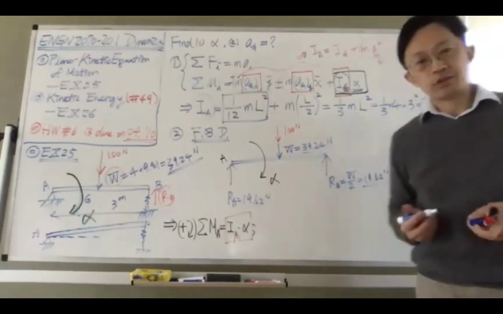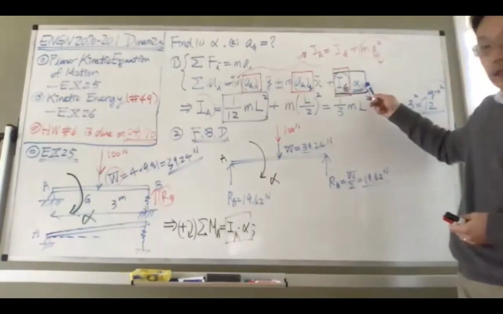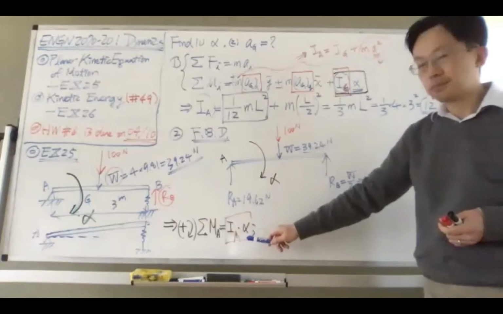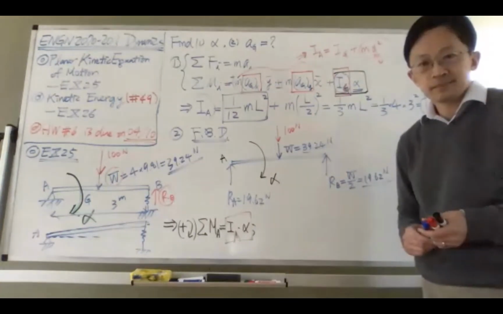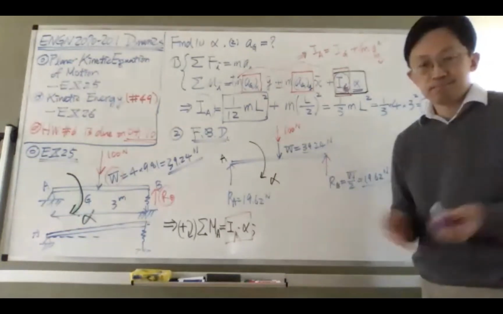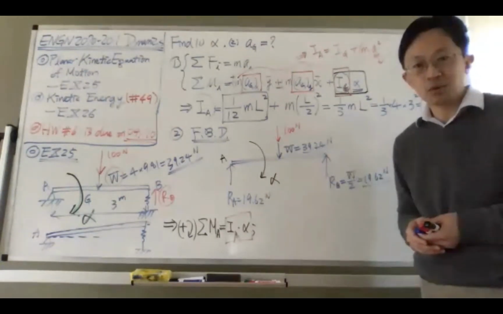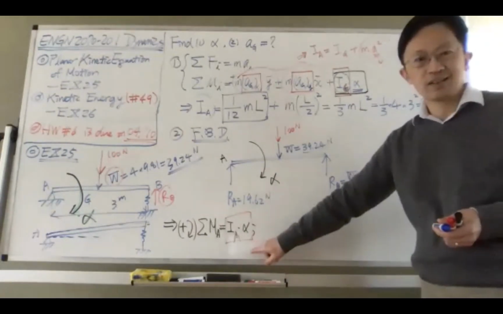Now, which way would you prefer? Definition or parallel axis theory? Which way? Probably the parallel axis theorem. I think most reasonable people would choose this, right?